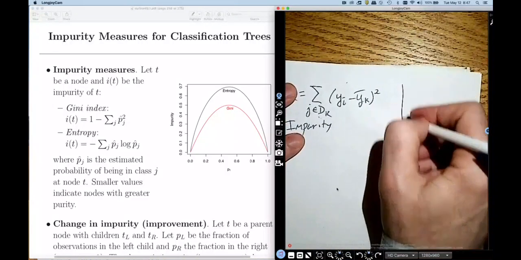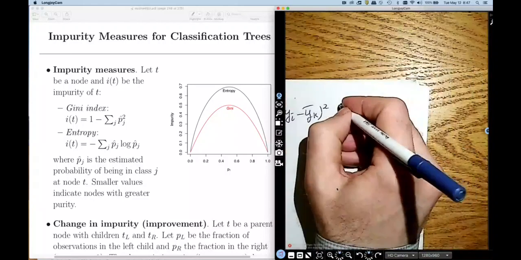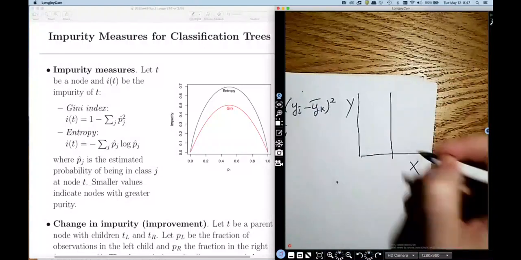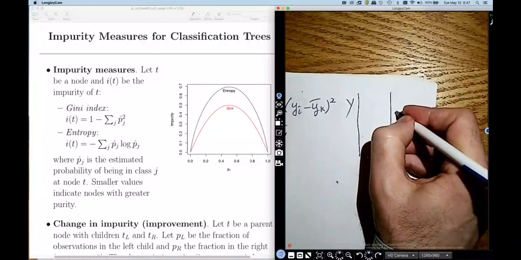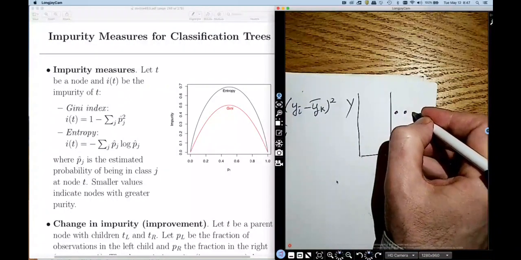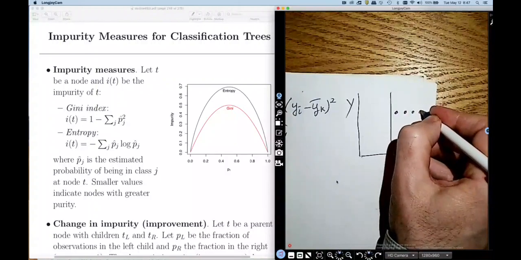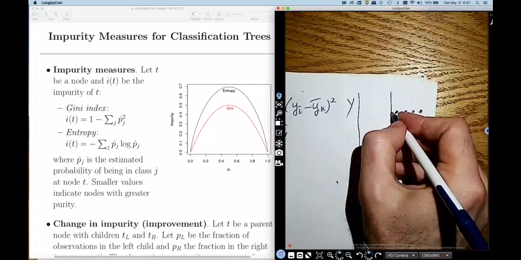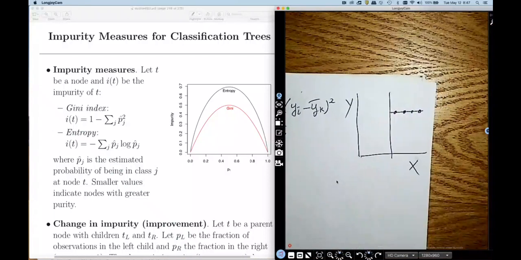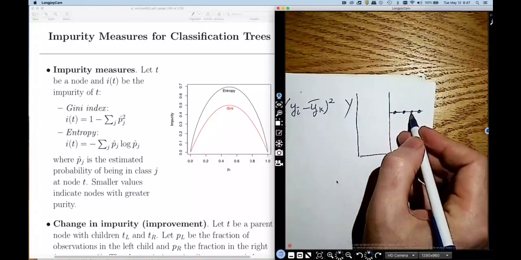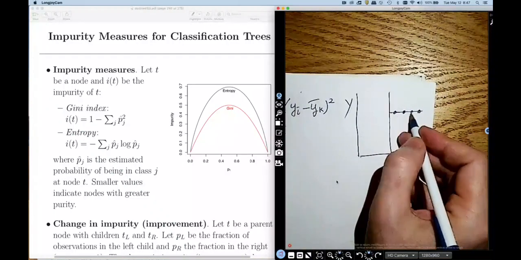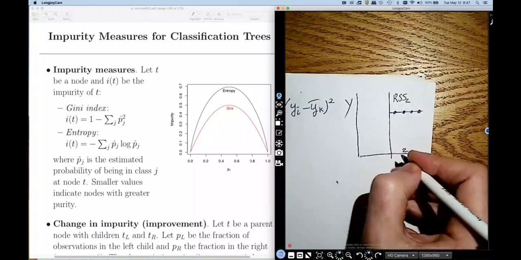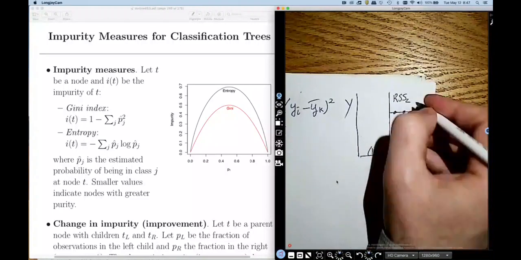Just as a very simple example, let's take a situation where maybe I have a split. On the right-hand side of this split, I have, say, 4 values that all take exactly the same y. So if I fit my regression tree, the mean of these points would go right through the points, and my RSS, let's say this is node 2, this is node 1, would be equal to 0.